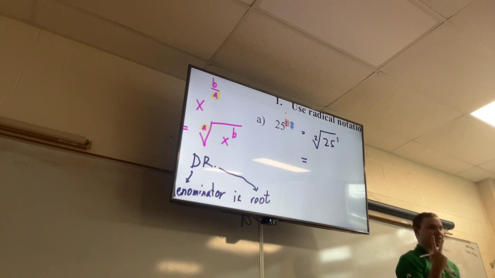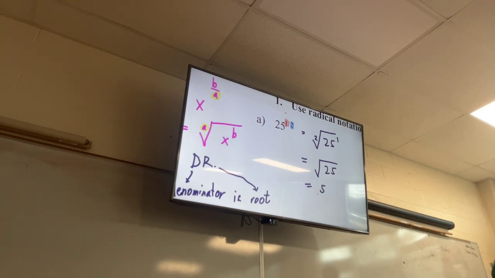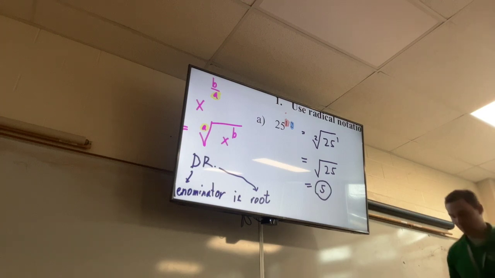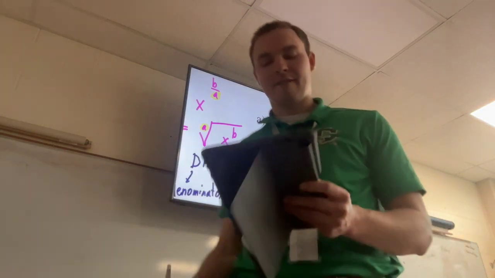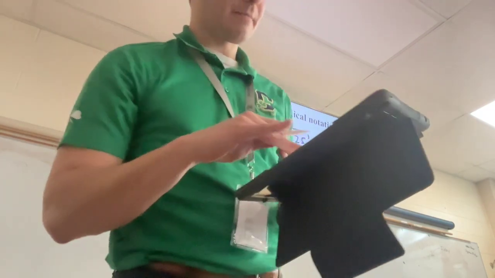If you root something to the 2, you do the square root, right? We want the number that we multiply by itself twice to get 25. So that's 5.